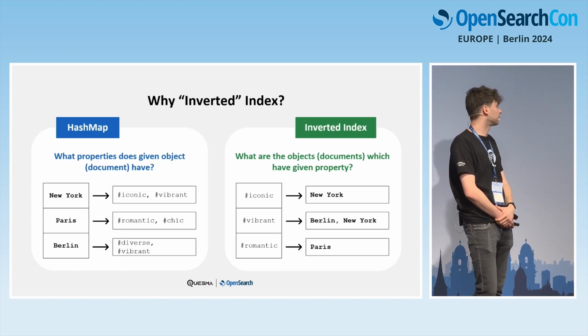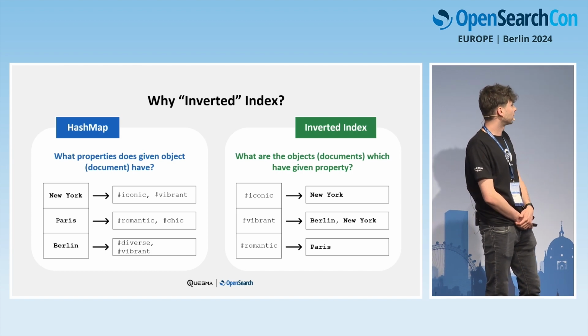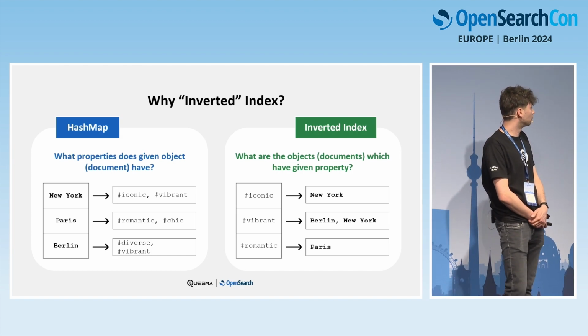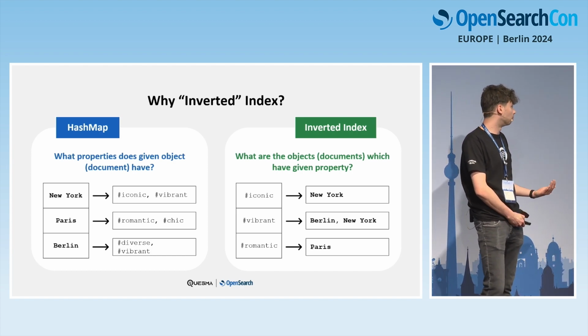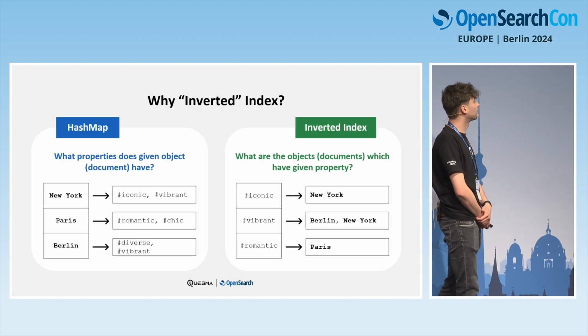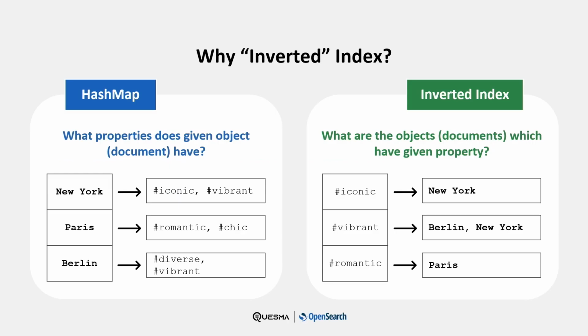Think of any hashtags in a social media application. So here we have New York, which is iconic and vibrant. We have Berlin, which is diverse and vibrant. And each city, object, or document, in our case, we can use these words interchangeably, is linked to the property.